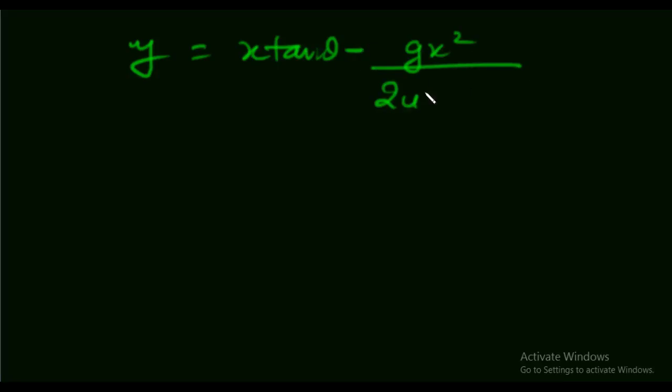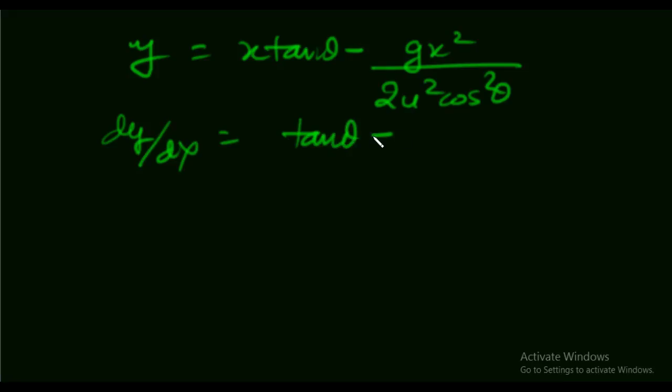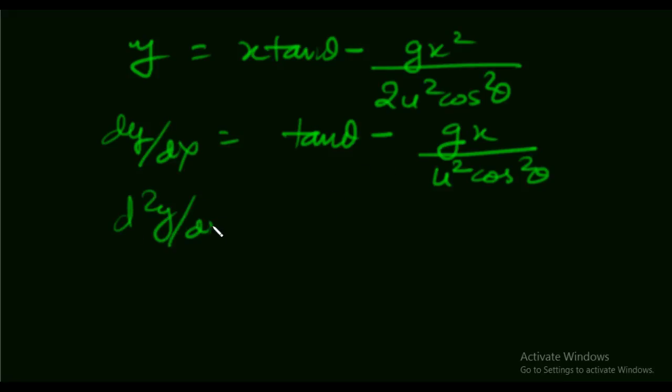So we can do this. First we say y equal to x tan theta minus g x square by 2u square cos square theta. So dy by dx would be equal to tan theta minus gx by u square cos square theta, because the 2 will be cancelled in the differentiation process. d2y by dx2 would be equal to minus g divided by u square cos square theta.